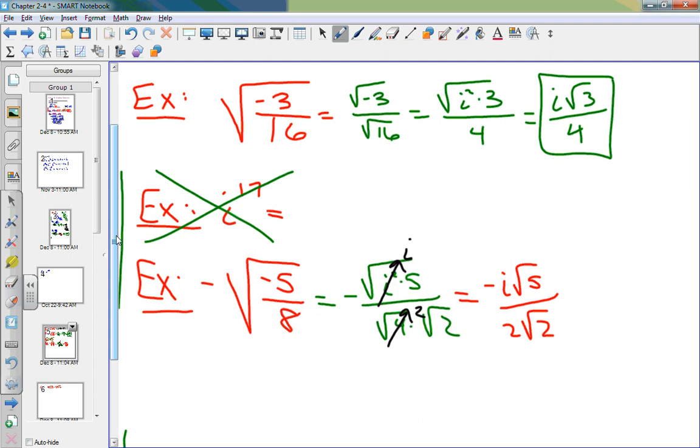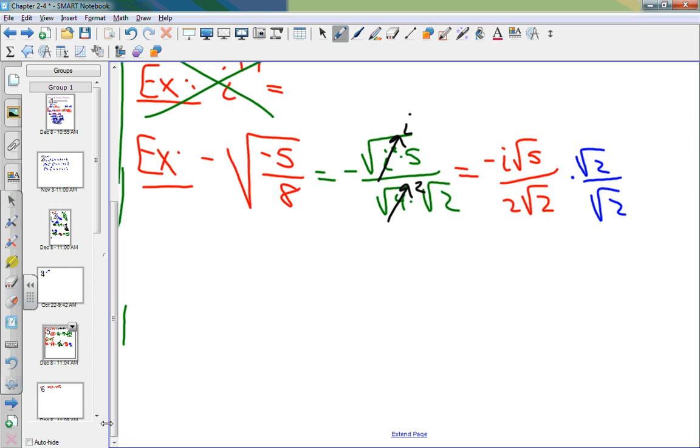Okay, now, am I allowed to have a radical in the denominator? No, so I have to rationalize that. How do I rationalize that? How many 2's do I have to have down underneath the radical sign? 2. If it was a 4th root, I'd have to have 4. If it was a 10th root, I'd have to have 10. We all understand that. So I'm going to multiply by what I need. I need another square root of 2.